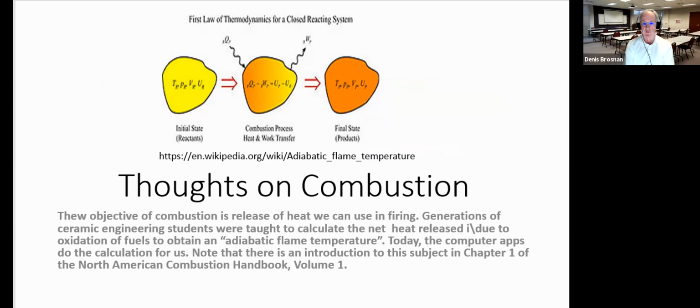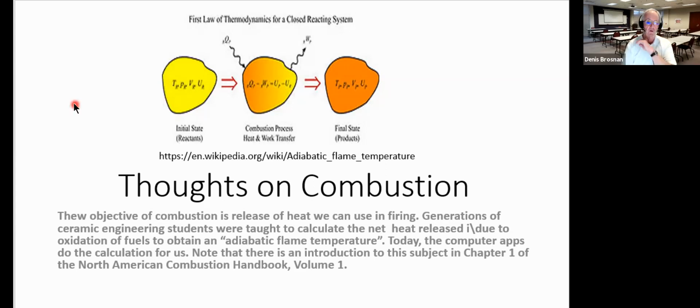That required you to look at all the components of a fuel, to create combustion, to look at the heat released in combustion reactions. These can be exothermic and they can be endothermic, and figure out the net temperature of the gases if there was no energy loss from the flame.